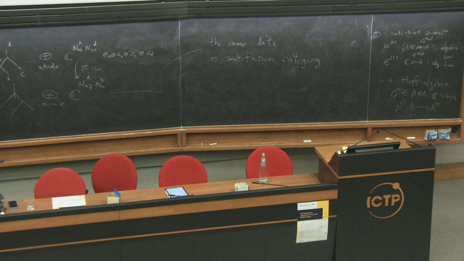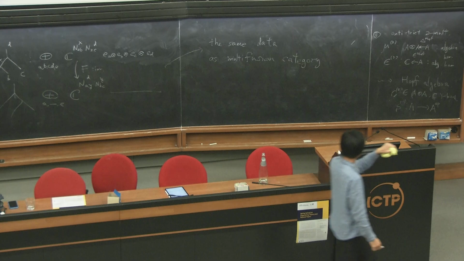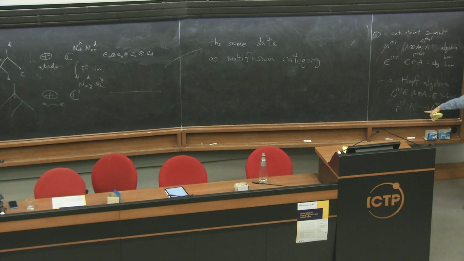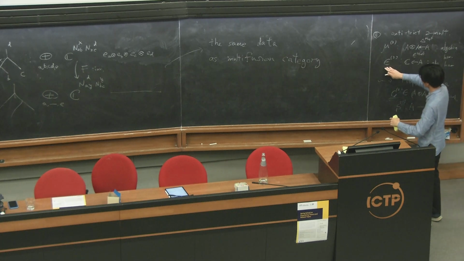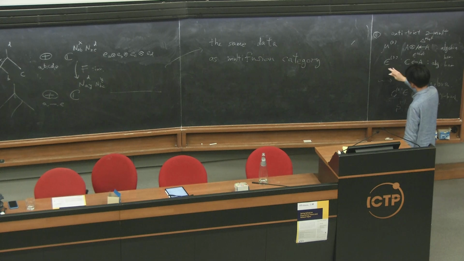The last line? What was the last line? Sorry, this thing. Okay, so we need a Casimir element that inverts the bilinear map coming from composing this and that, and that's this thing.